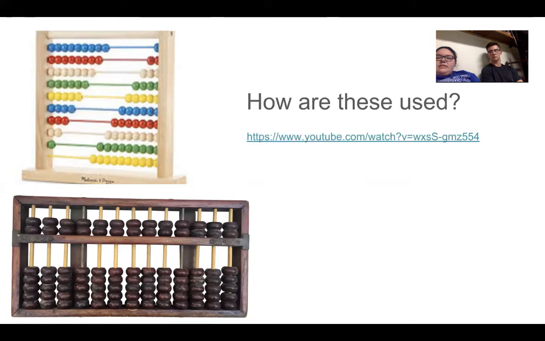If you wanted to represent something like 7, you would move that 5 down, and then you would move 2 from the ones category up to create 7 on that portion of the abacus.